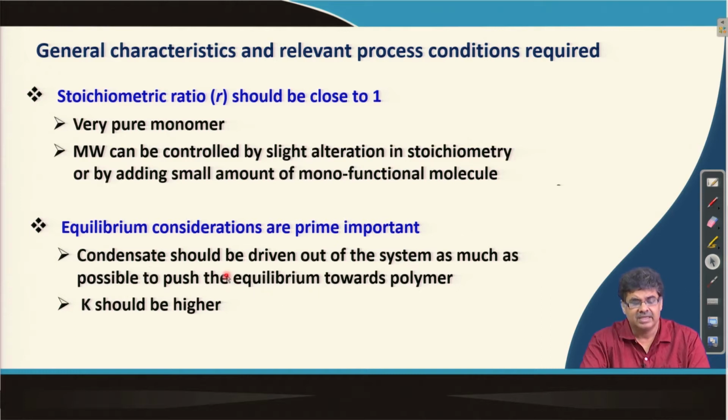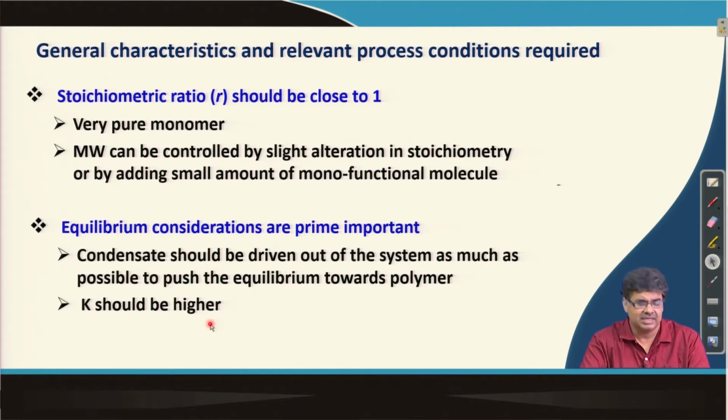Now, equilibrium considerations are also of prime importance. As we discussed, to have an acceptable molecular weight, we must remove the small molecular condensate out of the reaction as much as possible, so that we can push the equilibrium towards polymerization, and we should always have the equilibrium constant for the reactions higher.